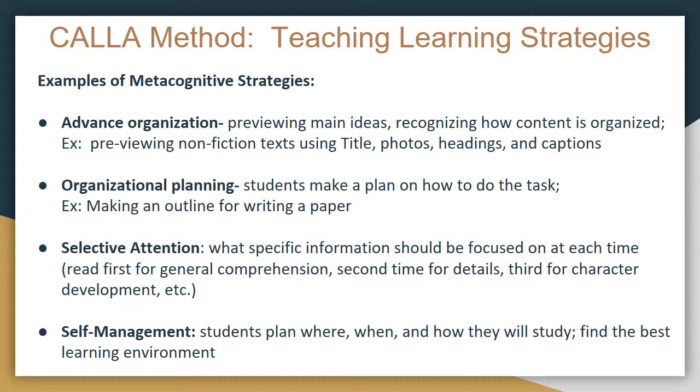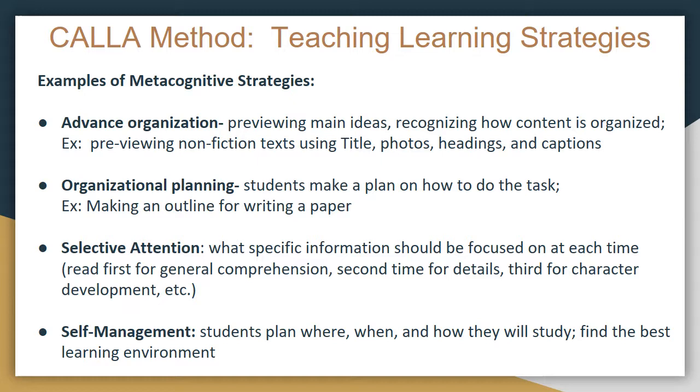The second time they might be reading for specific details and understanding how they connect to the main idea. The third time they might be reading for character development or for a specific detail and to understand that detail more fully. So that would be the selective attention strategy.